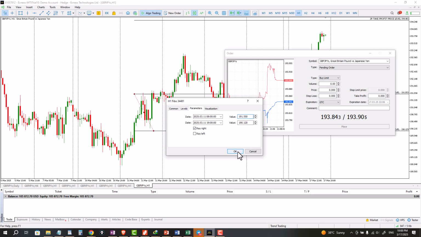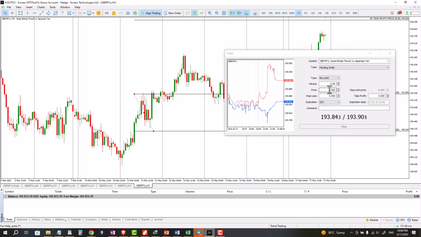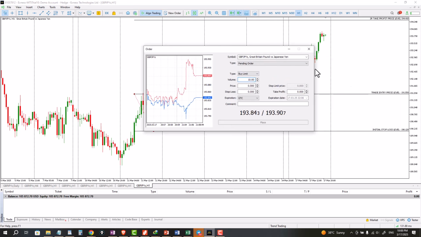The lot size we want to trade is 10. And then our entry is going to be at the price 191.55. And the stop loss is going to be 190.12. And our take profit is here, 194.41.